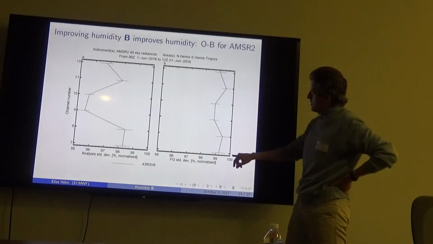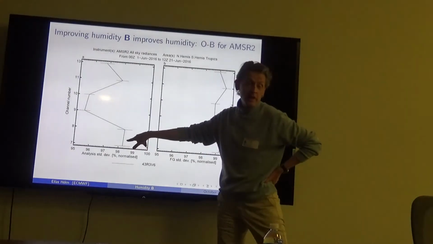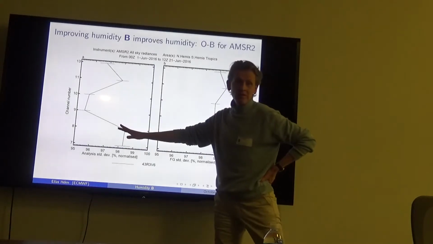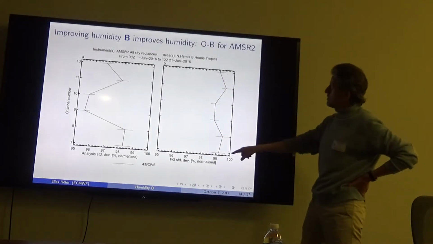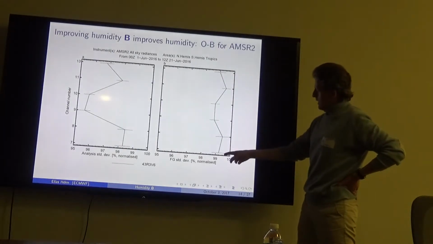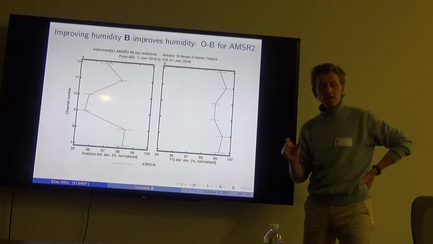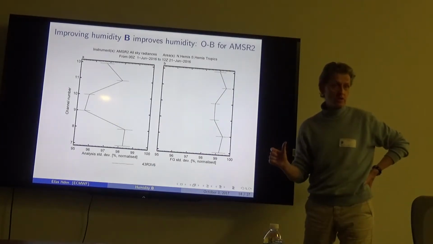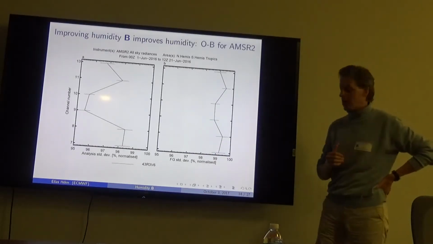So you can see that they're fitting observations better here because the errors are larger. That by itself doesn't help us, but this does, because we see here that really the first guess fit is better. So there is a real improvement in the short range forecast, which fortunately translates into the long range as well.